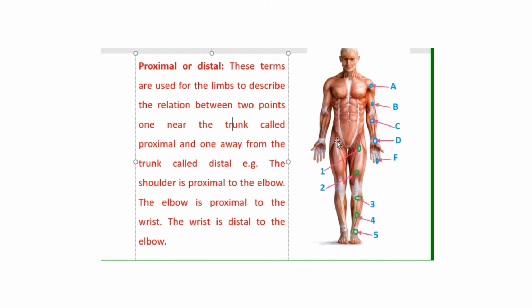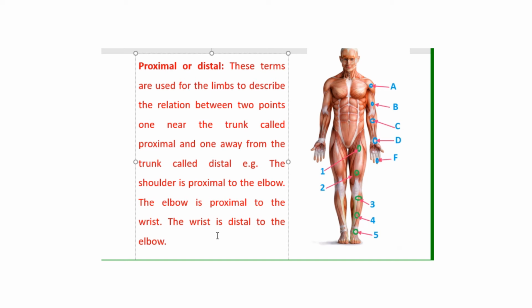The point which is nearer to the attachment of the limb to the trunk is called proximal, and that which is away from the attachment of the limb to the trunk is called distal. The terms proximal and distal describe the relation of 2 points on a limb, either upper limb or lower limb.